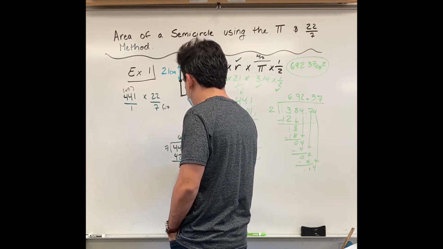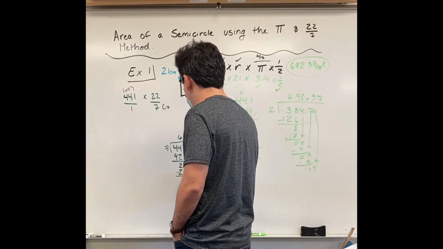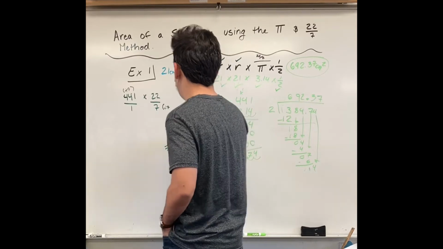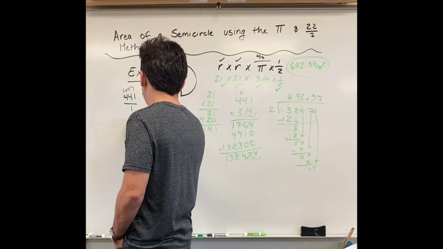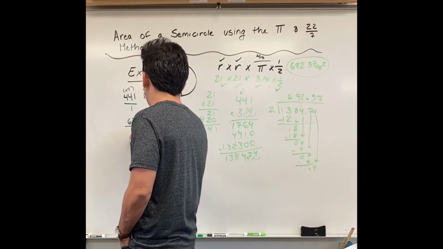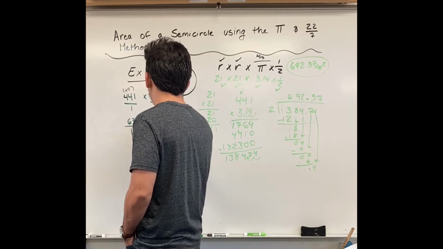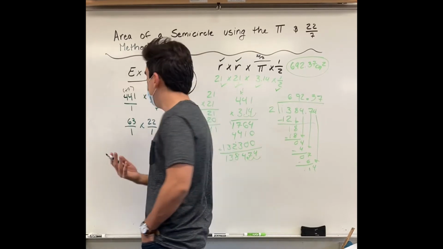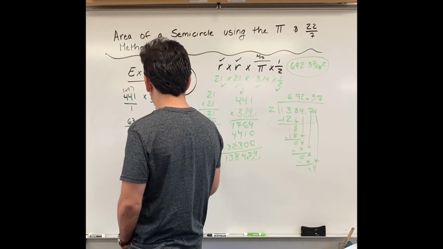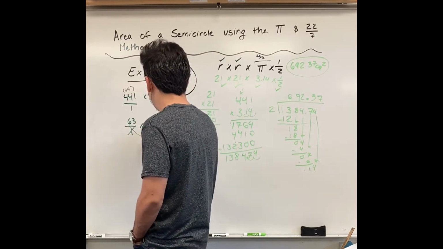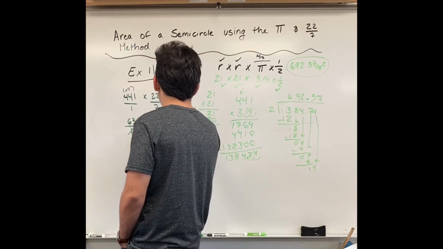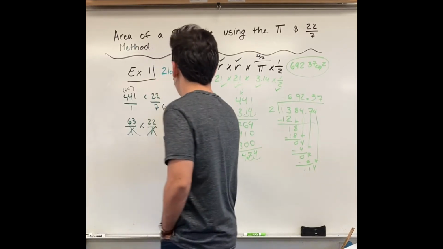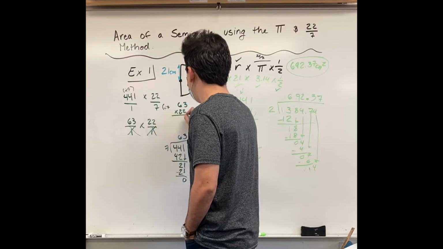Very good. 7 times 3 is 21. No remainder. So that means 63/1 times 22/1. That's cross simplified. Nice. Now I can multiply, and this is a little bit easier. Get rid of the 1s, because now they're just both whole numbers. And I have 63 multiplied by 22.